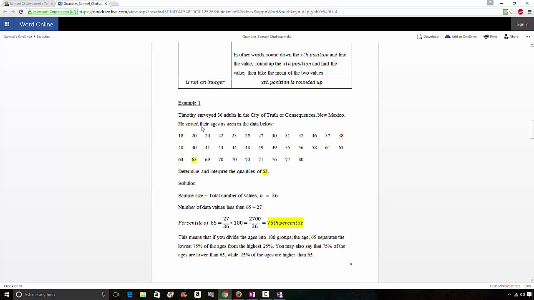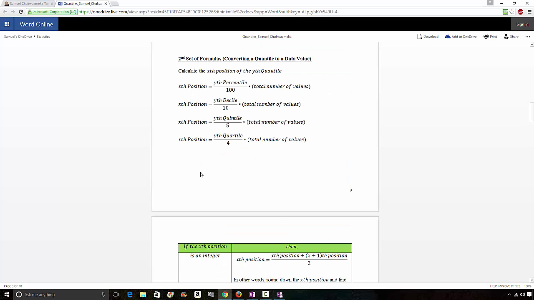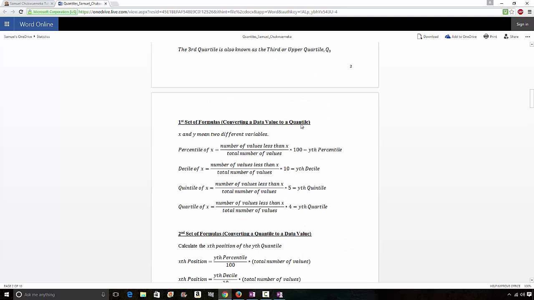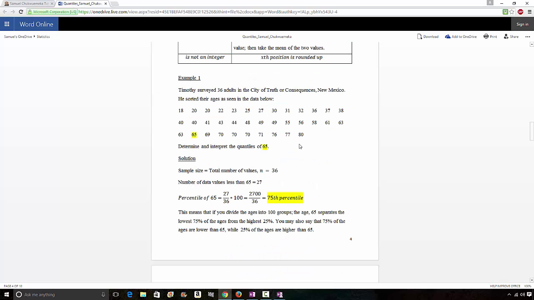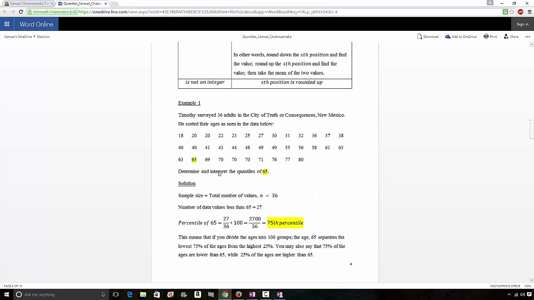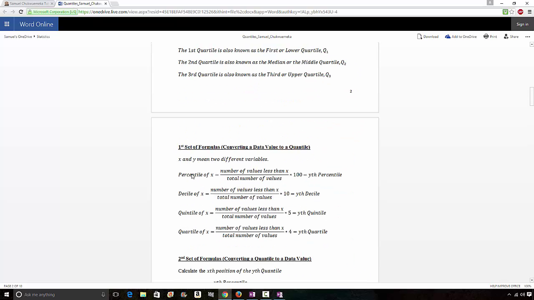He sorted their ages as seen in the data below. Determine and interpret the quantile of 65. So you're converting a data value to a quantile. You want to determine the quantile of 65. So you're going to use this first set of formulas right here.